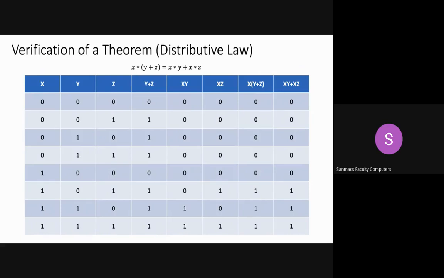If you take a look, the rightmost columns have the exact same values. So this means that we can actually verify distributive and any kind of laws using truth tables.